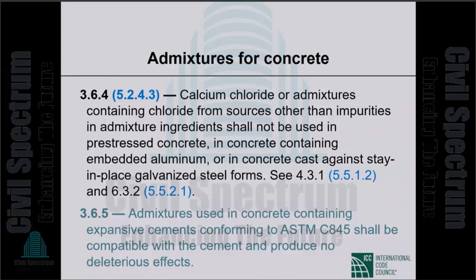Wherever you have potential corrosion, any situation where you absolutely need to make sure that there will be no corrosion problem, you have to avoid calcium chloride in your admixtures. Okay, no calcium chloride in admixtures.